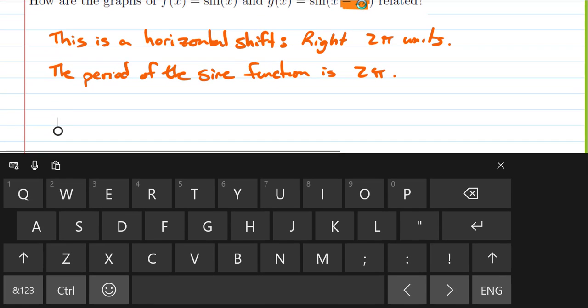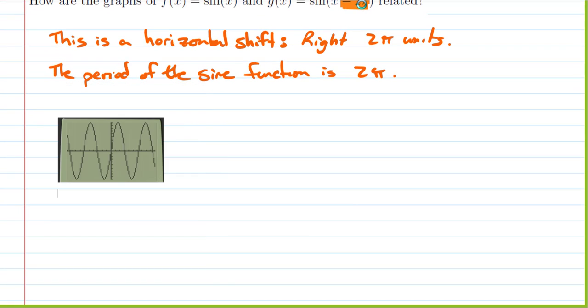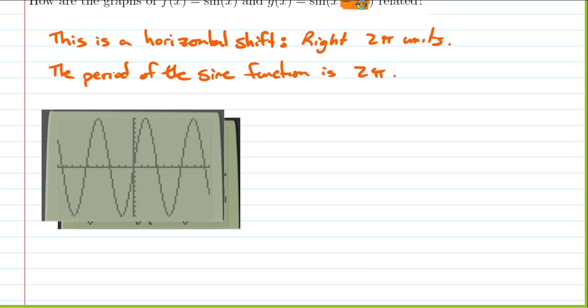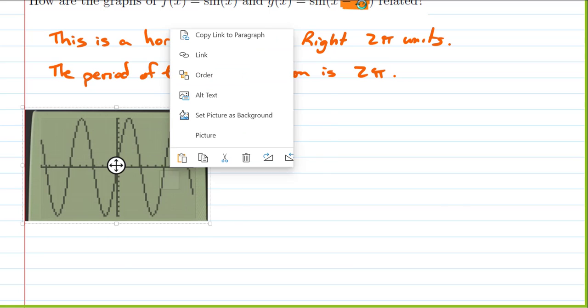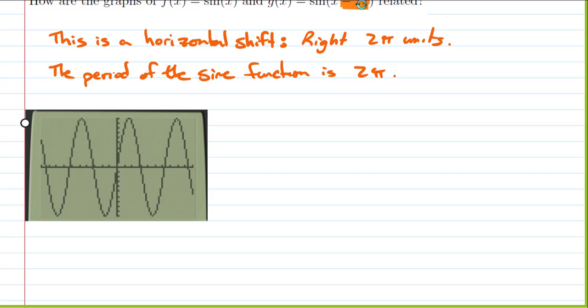As we talked about above, this is 2 pi periodic, so it repeats itself every 2 pi units. So this is my graph y equals sine x.